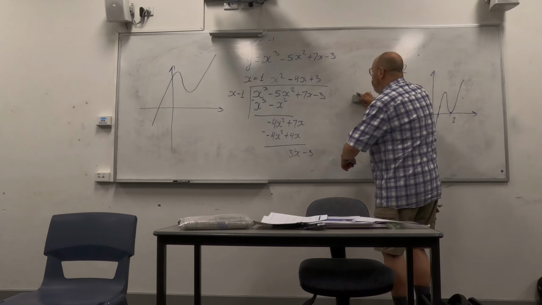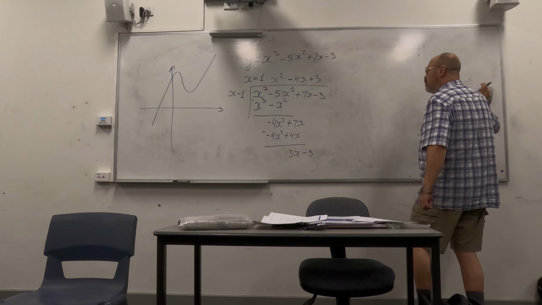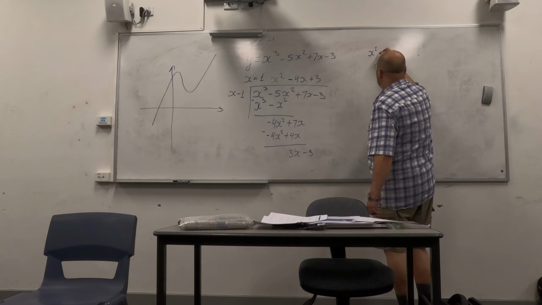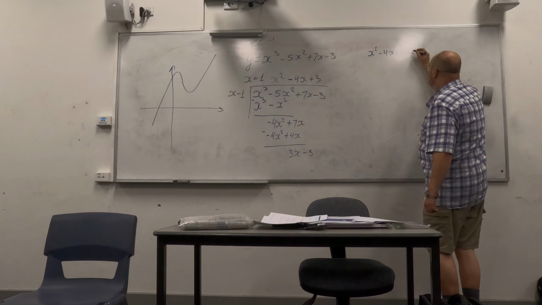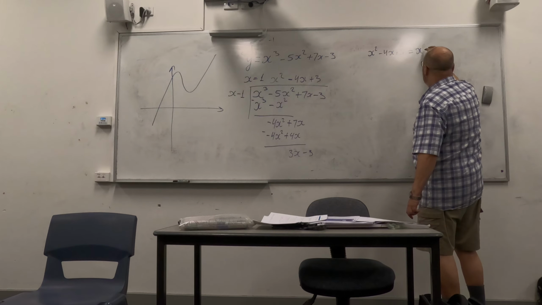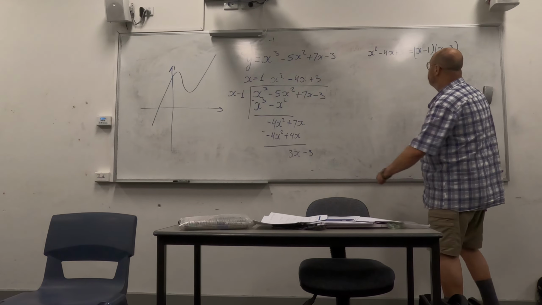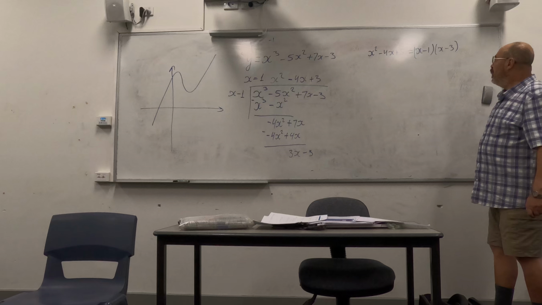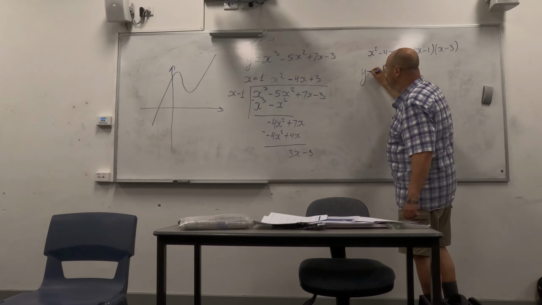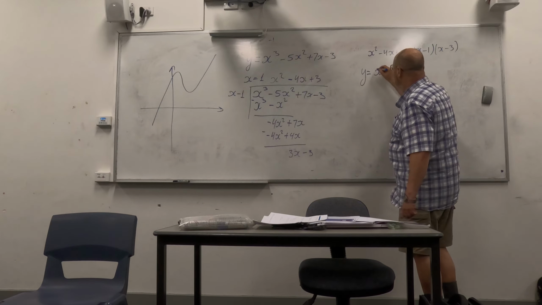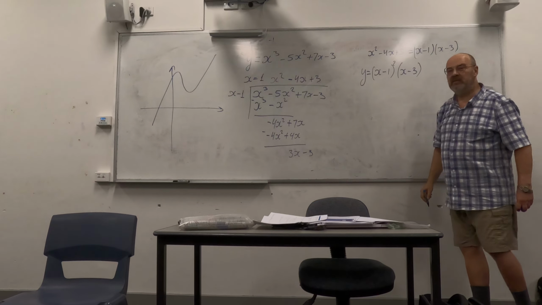What should the next step be? Factorize the quadratic that we got: x squared minus 4x plus 3 equals (x minus 1) times (x minus 3). So the cubic factorizes finally to y equals (x minus 1) squared times (x minus 3).